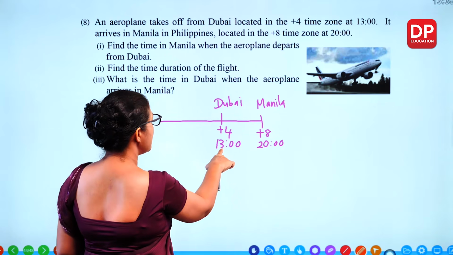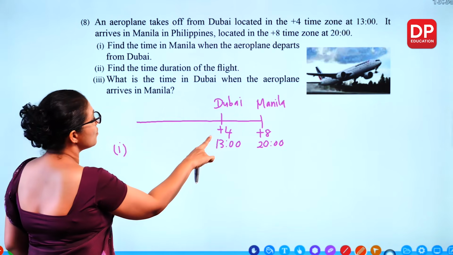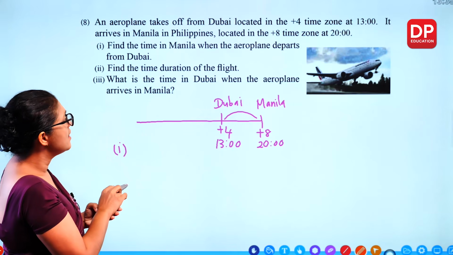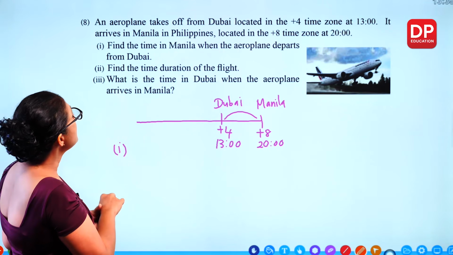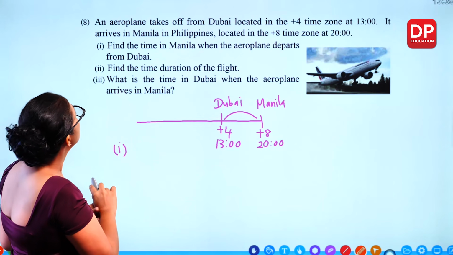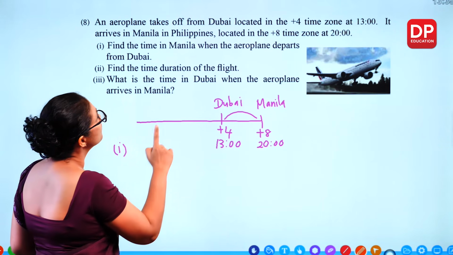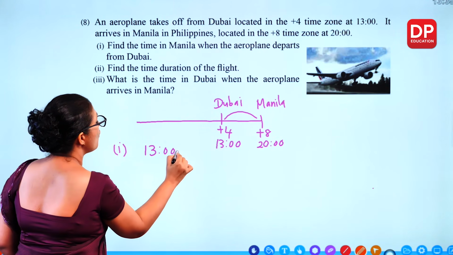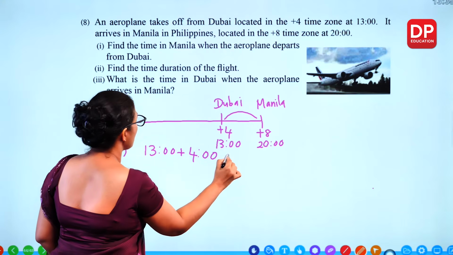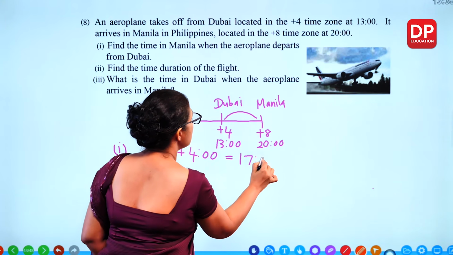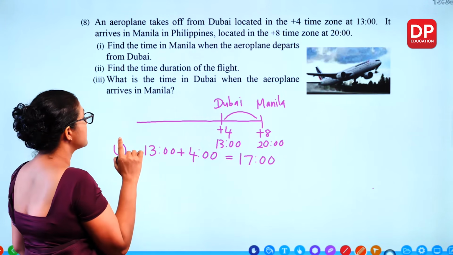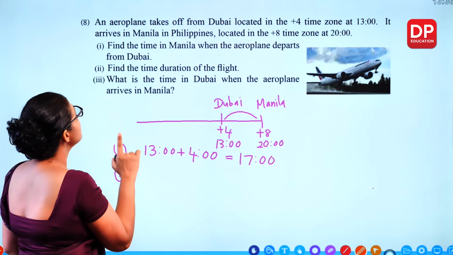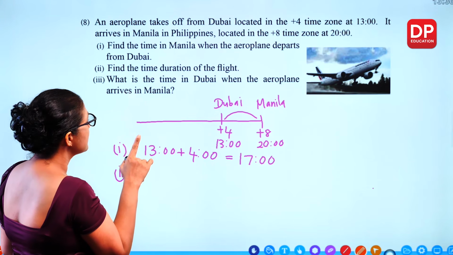So this is 13. So what's the time difference? +4. So you have to add 4 hours. So 13 is the departing time. So add 4 hours. 13 plus 4, you get 17 hours. That's in Manila.